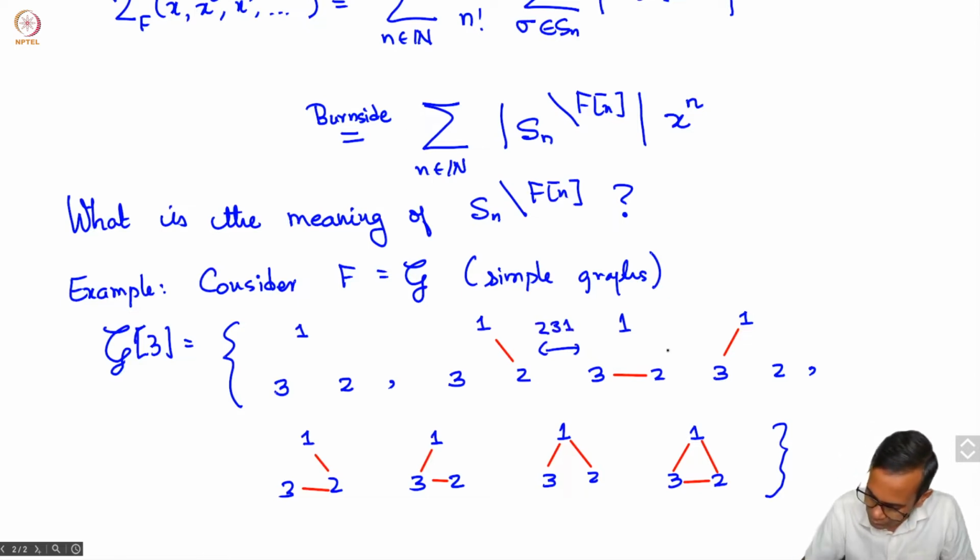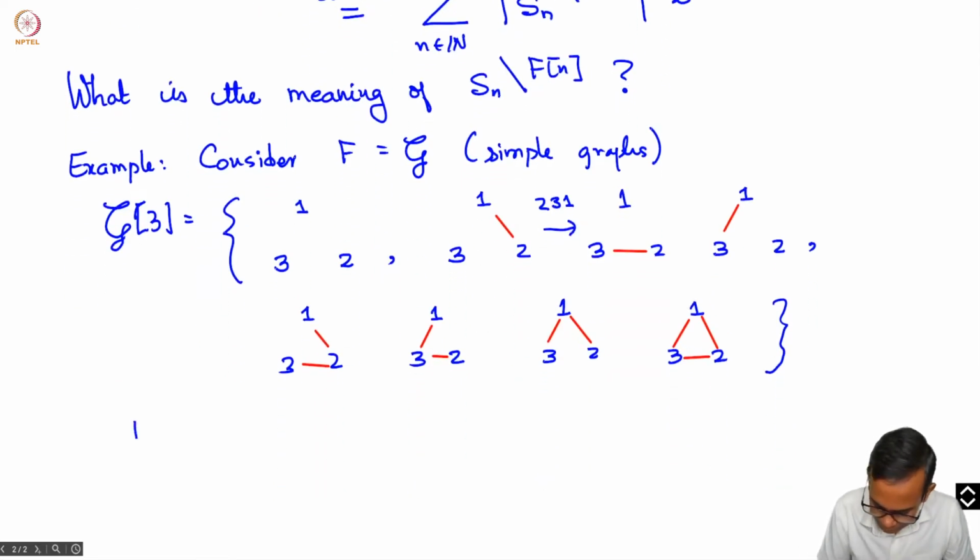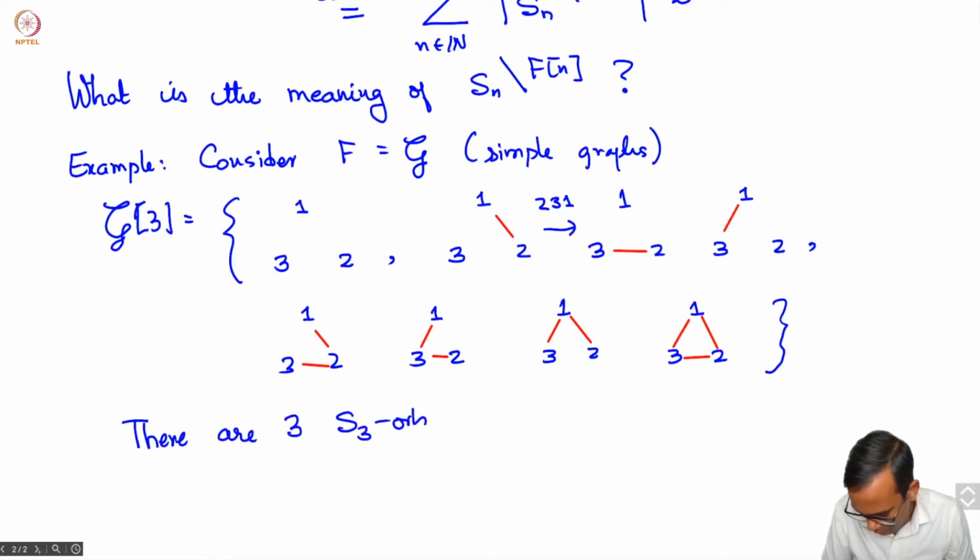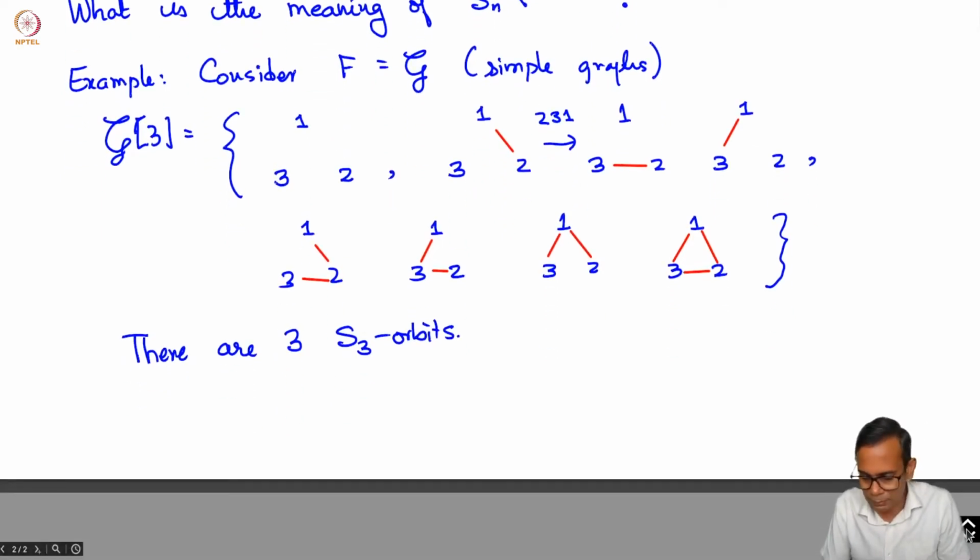And these are also isomorphic under the same permutation. But anyway, there are three S3 orbits. So the S3 orbits in the species of graphs are what are called isomorphism classes.